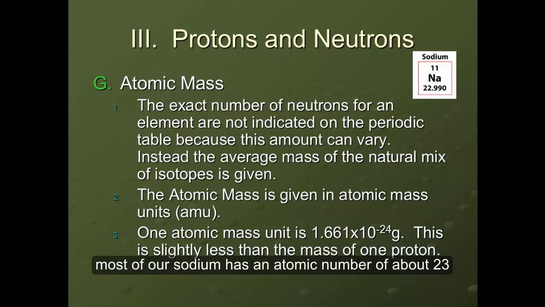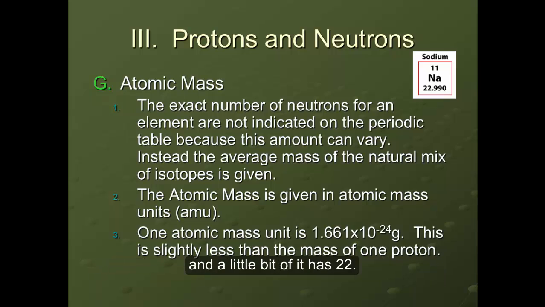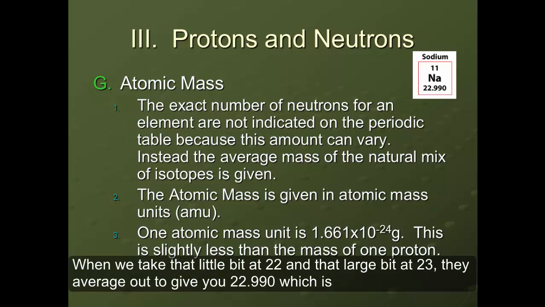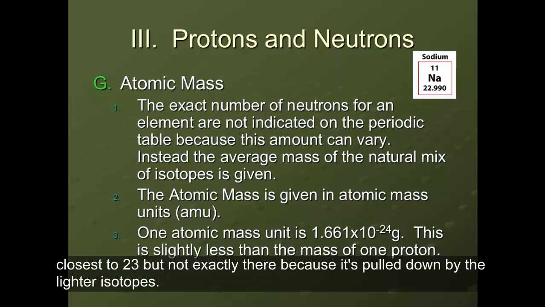So most of our sodium has an atomic number of about 23, and a little bit of it has 22. When we take that little bit at 22 and that large bit at 23, they average out to give you 22.990, which is closest to 23, but not exactly there because it's pulled down by the lighter isotopes.